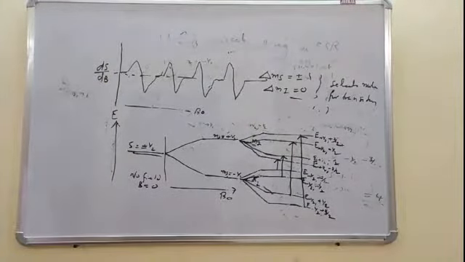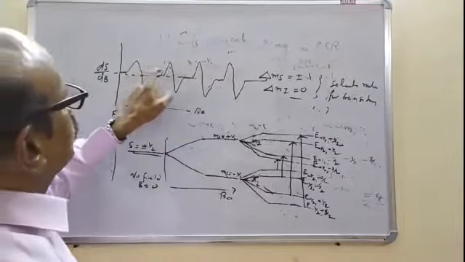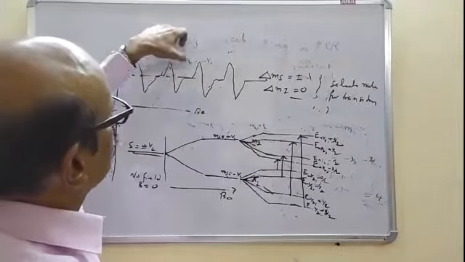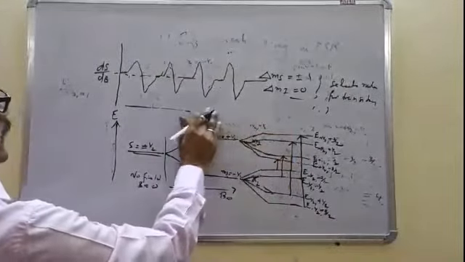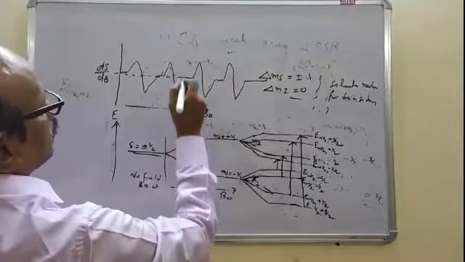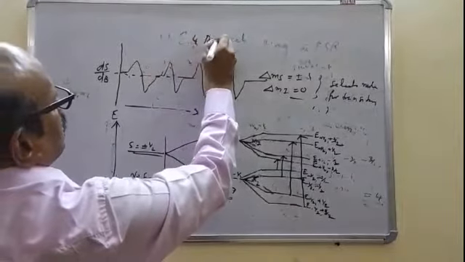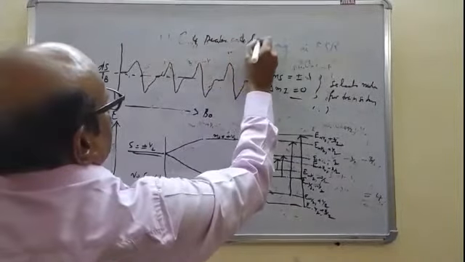This is the line. So there are 4 lines, 1, 2, 3, 4, or 4 peaks. These are hyperfine lines, and each transition represents one of the 4 peaks or lines.